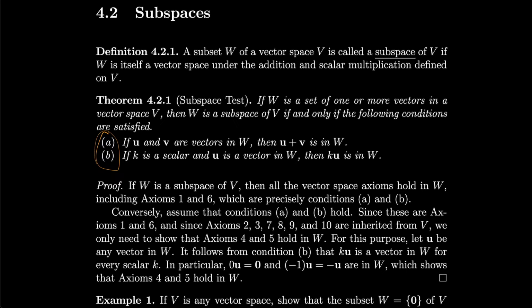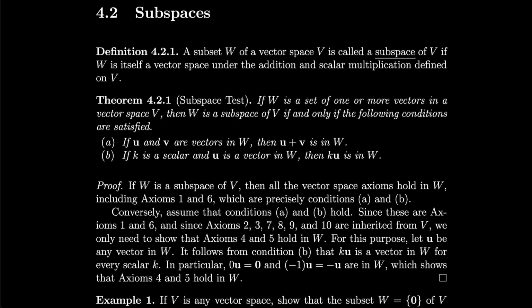So we need U and V to be vectors in W, for their sum to also be in W, and we need that if K is a scalar and U is a vector in W, then KU is in W. So we need the sum of any two vectors to be in W, and we need their scalar multiple to be in W. Notice just these two conditions is enough to show that something's a subspace, as opposed to having to go and show all 10 axioms. So this is a much more concise way of showing that something is a vector space, provided that we already know that it's a subset of another vector space.